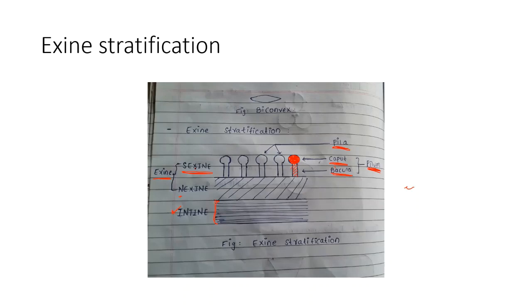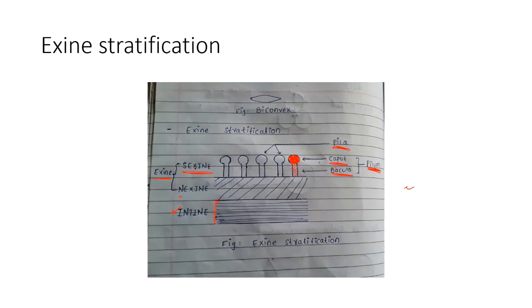So we have caput and bacula. Single is baculum. So caput and bacula together represent the sexine part. But you are aware that sexine is differentiated into ecto and endo sexine, isn't it?